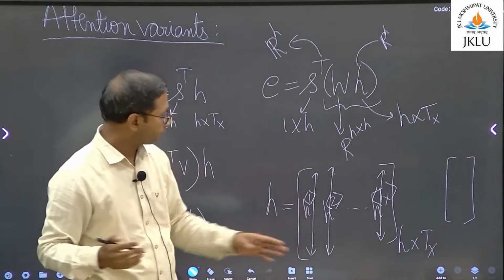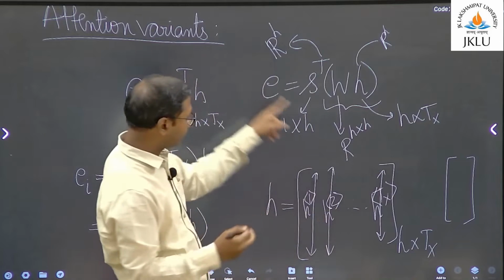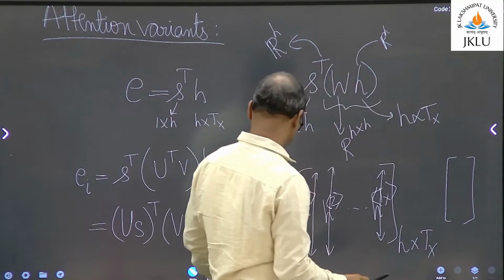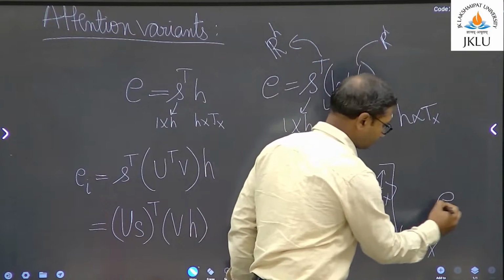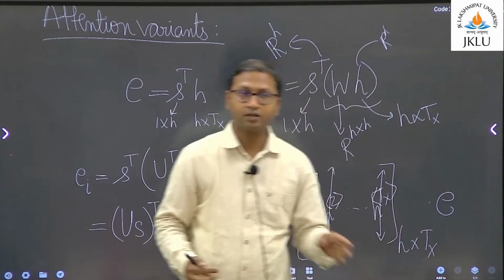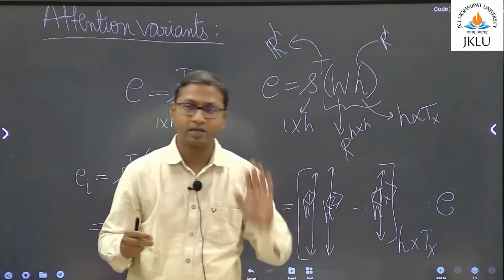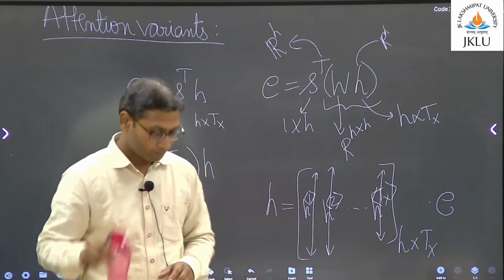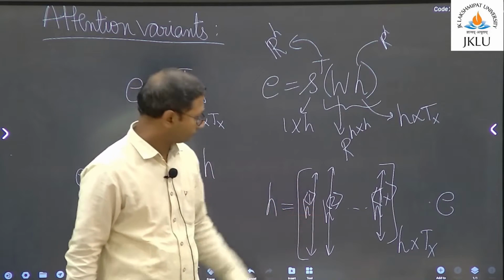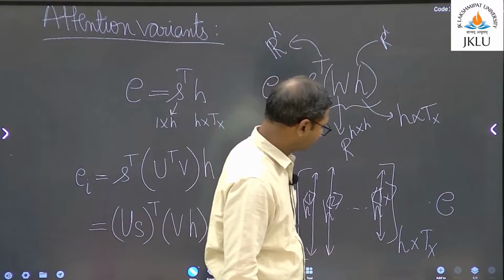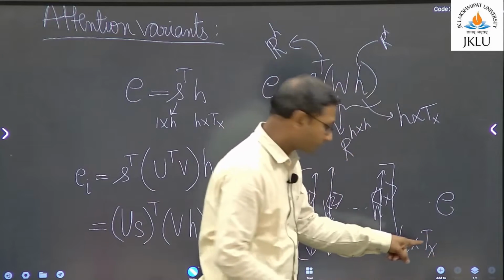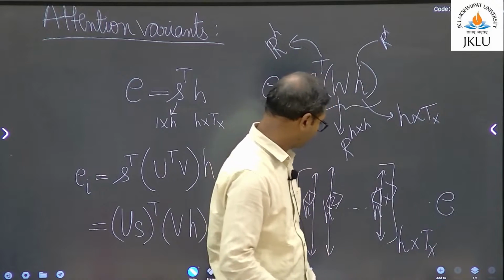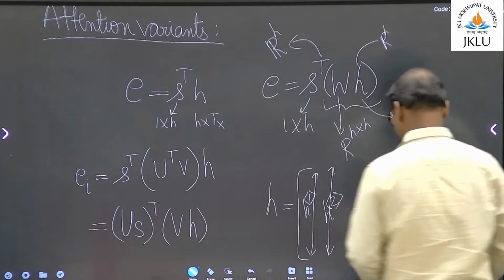Make sense? So this is which vector? E vector, right? So this is my E vector here, where E is a vector in R Tx cross 1. I want Tx cross 1 because I want this multiplication to make sense. Is it? Okay.